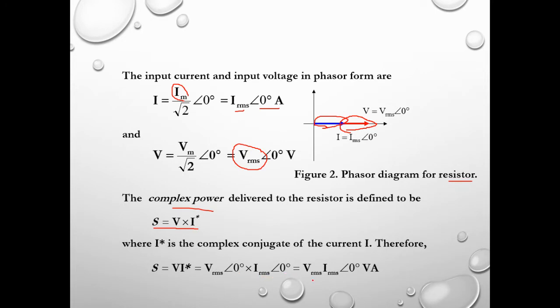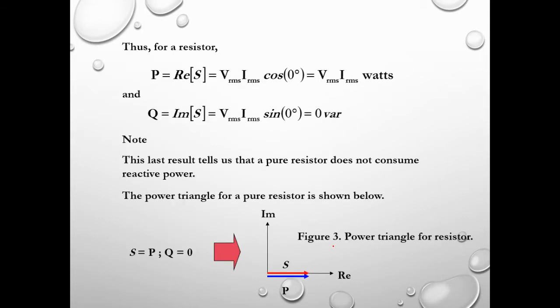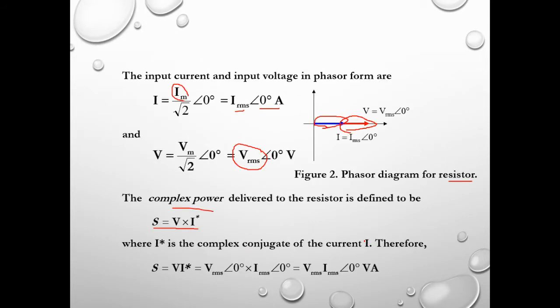This gives us V RMS I RMS 0 degree. Just in case you have a certain value with a negative or positive sign, the value of the conjugate will be opposite. We will see later in the capacitive and also in the inductive.